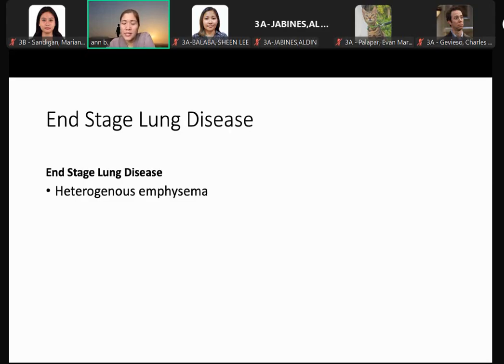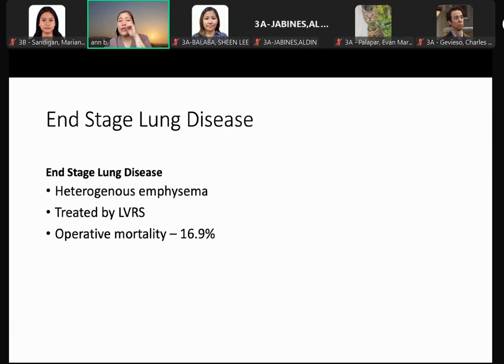So end-stage lung disease with heterogeneous emphysema treated by lung volume reduction resection has an operative mortality of 16.9%. But as you see, these kinds of patients are so morbid and present with dyspnea that is not medically responsive.